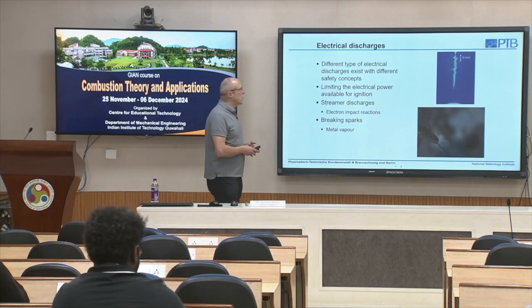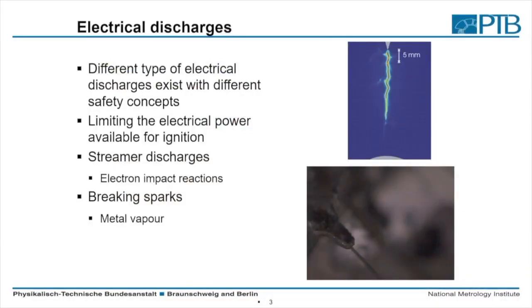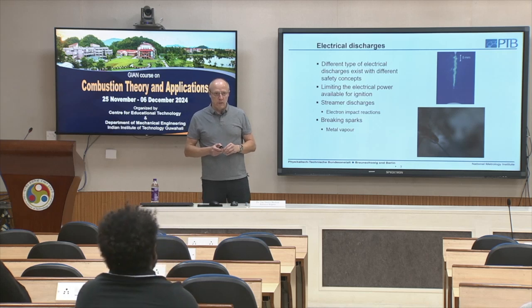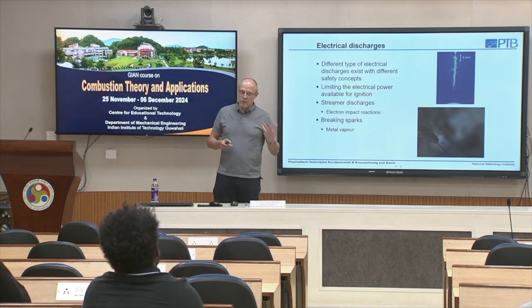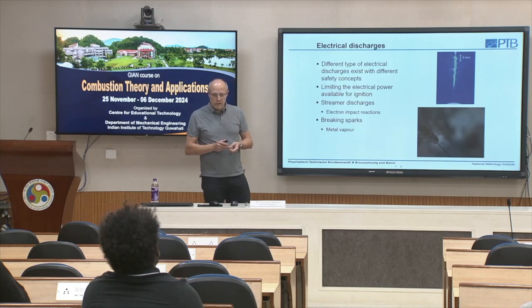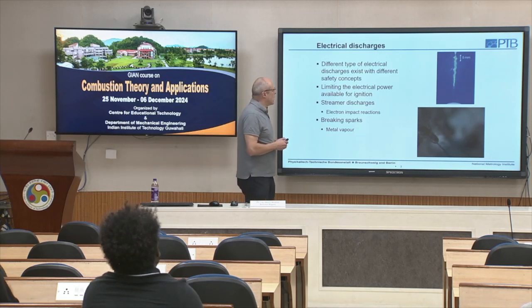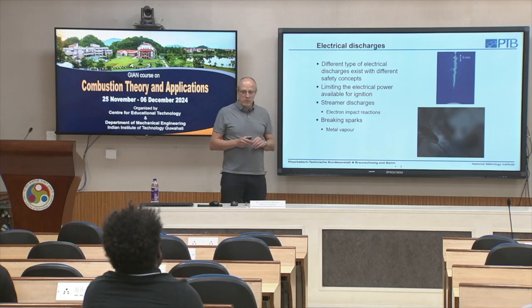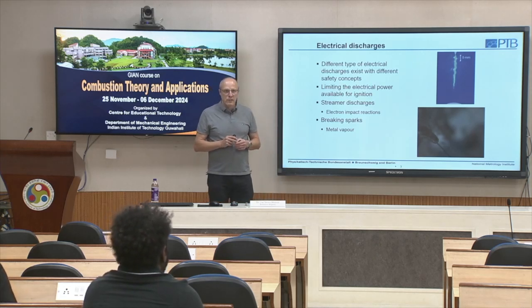So there, one topic, of course, is the ignition by electrical discharges. Of course, we need electrical power everywhere. We need it also in chemical and petrochemical plants. So, of course, it's of great importance to avoid ignition by electrical discharges.